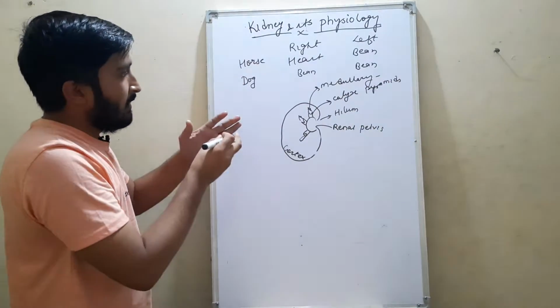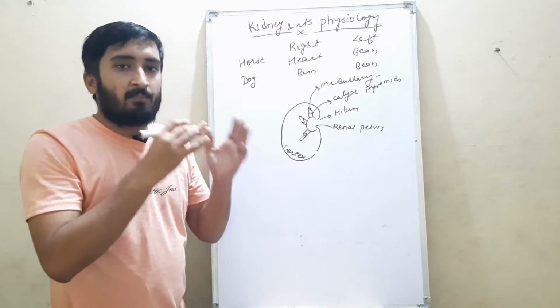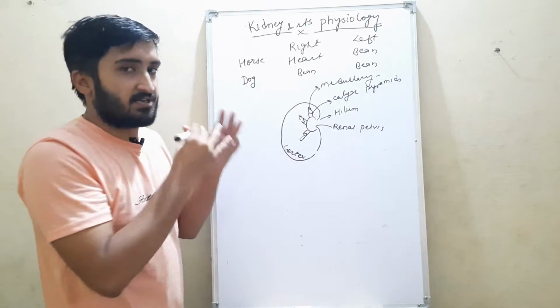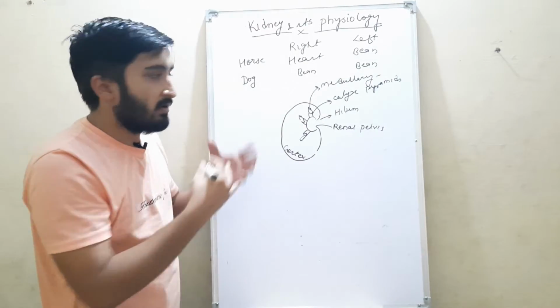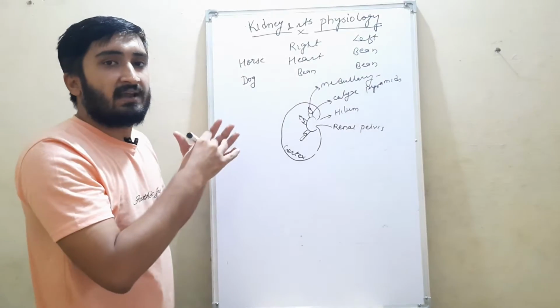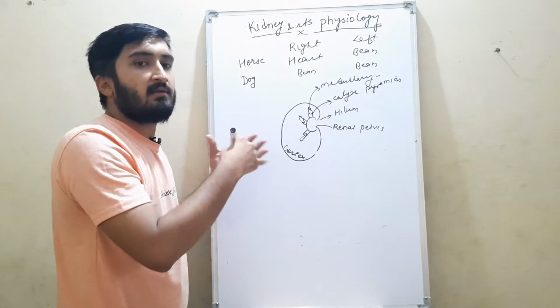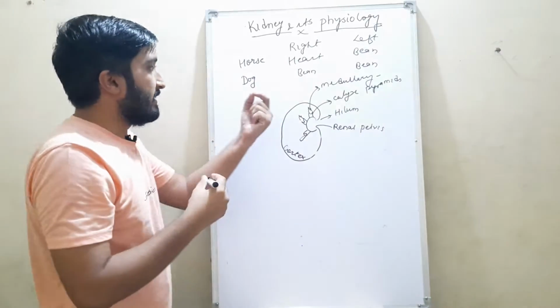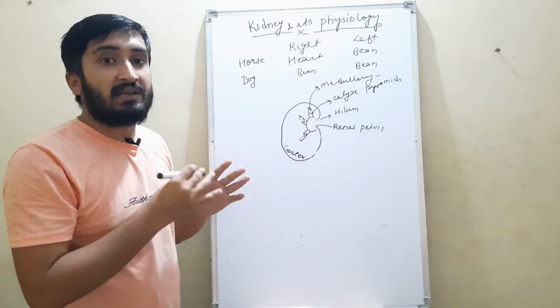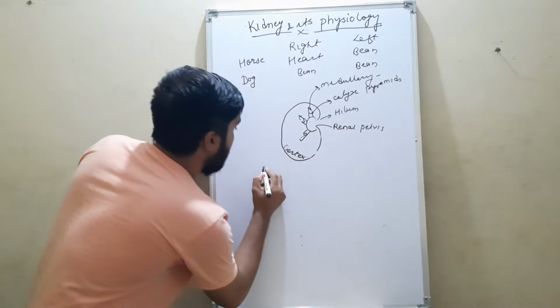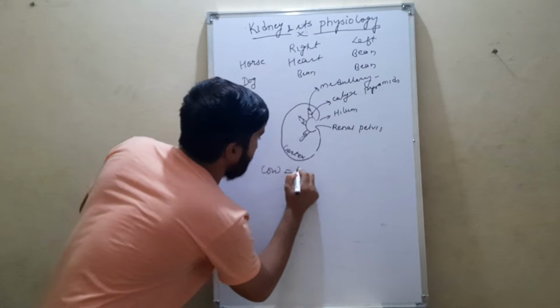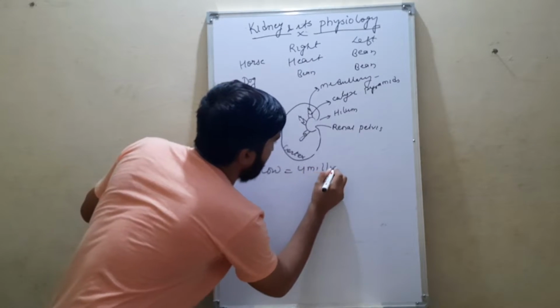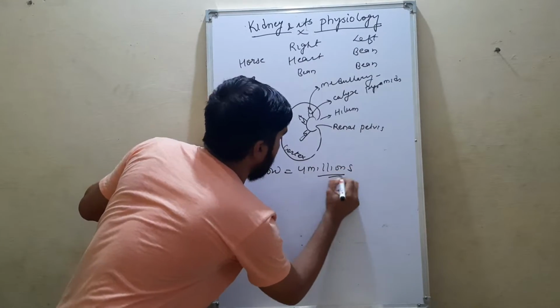Now, the kidney is made up of nephrons, which are the structural and functional unit of the kidney. It means the kidney is made up of many nephrons. For example, in domestic animals such as cow, around 4 million nephrons are present in each kidney.